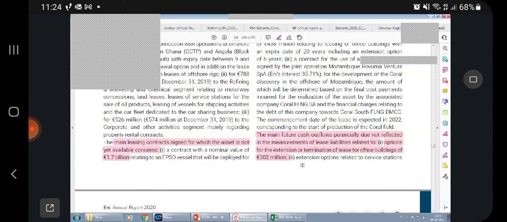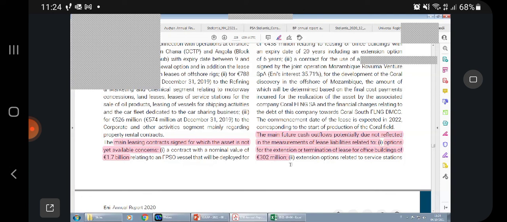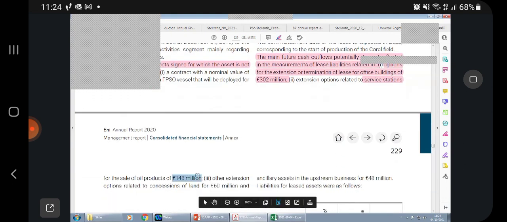What if, starting from a certain period, these options will become reasonably certain? How much is the commitment for E&I? 302 million to be added to the lease liability already recognized. And the same for service stations, other 148 million, and other minor leases.